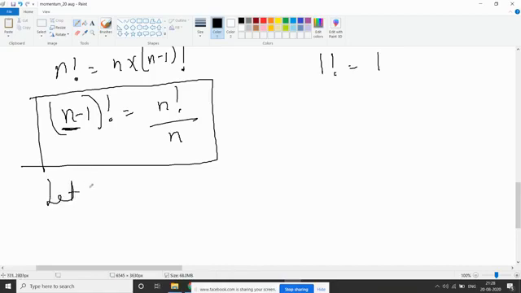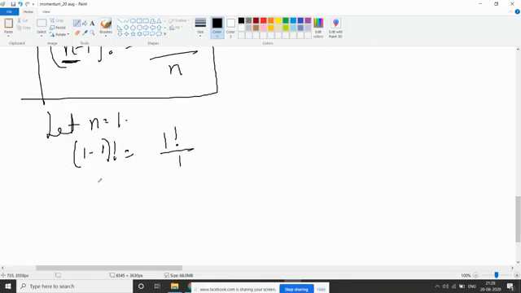So let n equal 1. So 1 minus 1 factorial equals 1 factorial divided by 1. Okay. So 1 minus 1 factorial is 0 factorial. 1 factorial is 1. 1 divided by 1 is 1. So 0 factorial value is also 1.